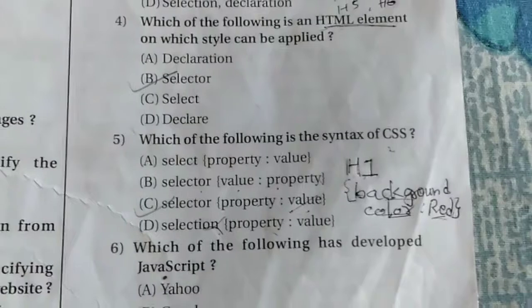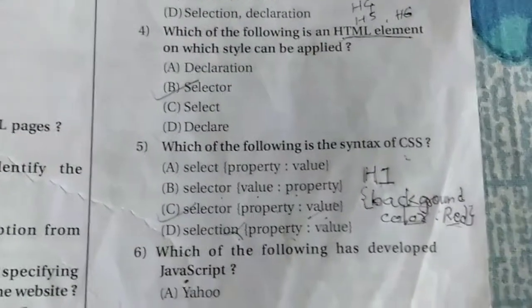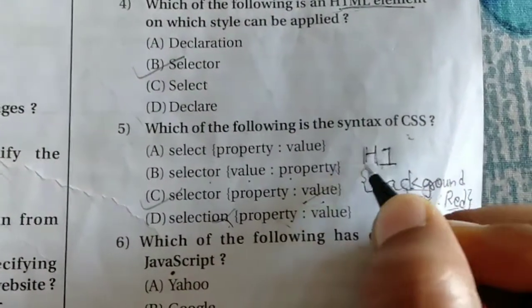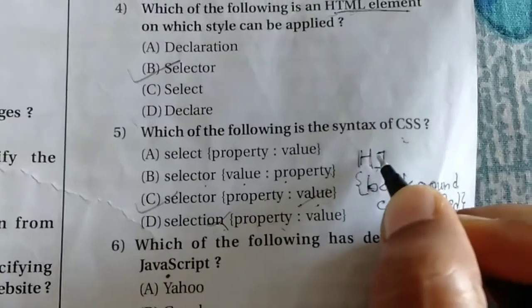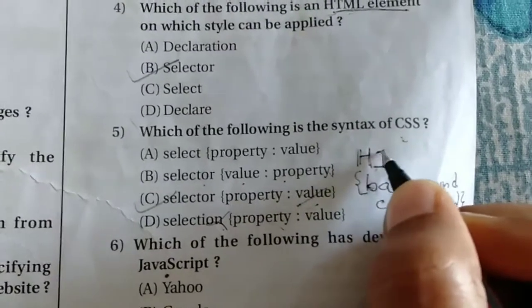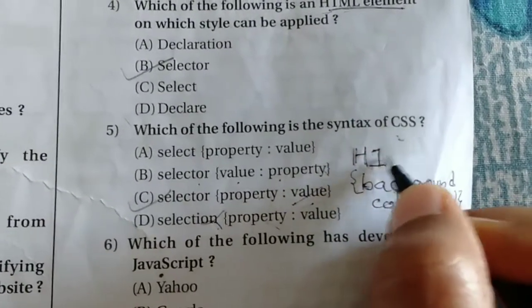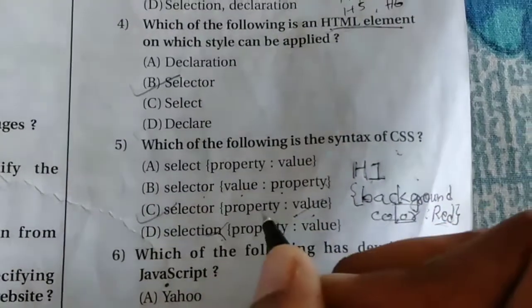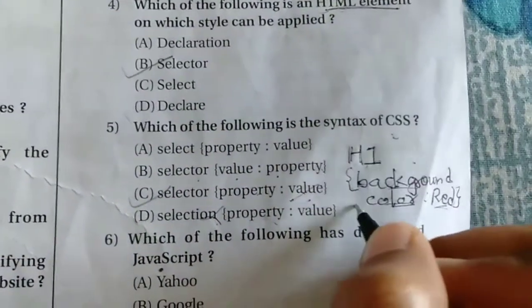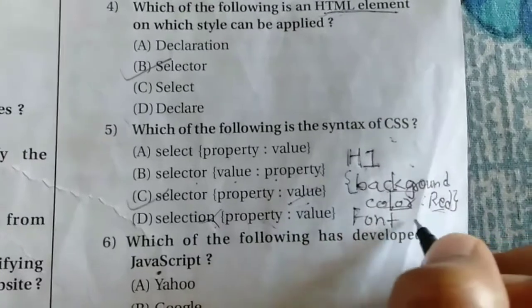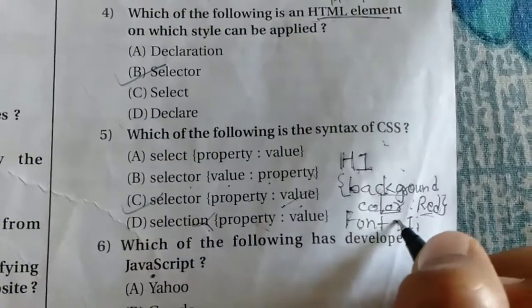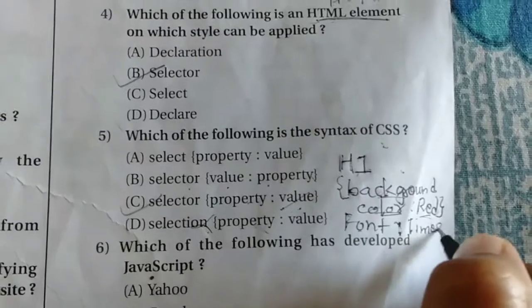For example, I want to apply the property font Times New Roman. I want to apply my HTML element as a selector, H1, H2 or H3. Whatever heading you want, you can write as a selector. Property means background color; here I want to apply font Times New Roman, so I write font, colon, Times New Roman.